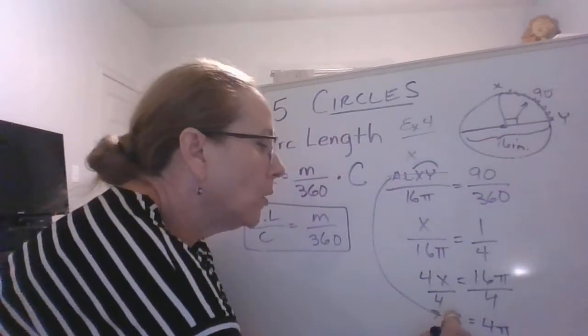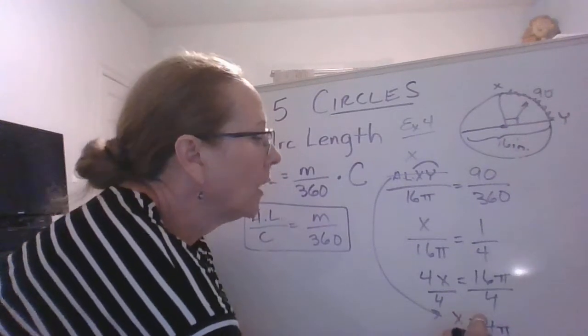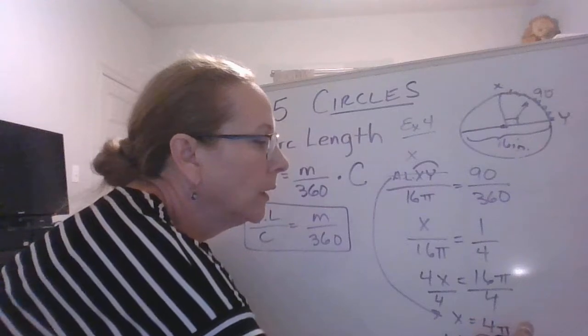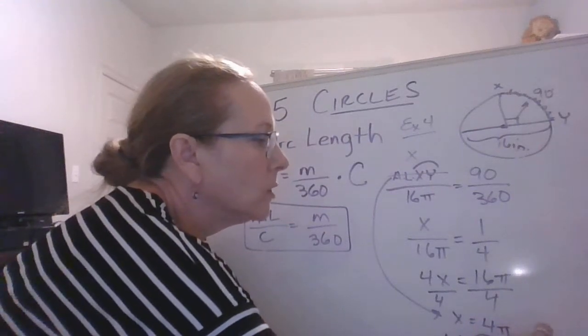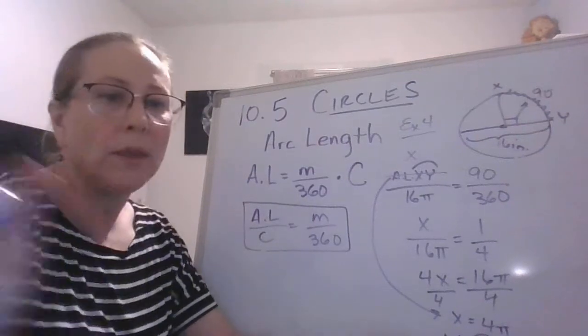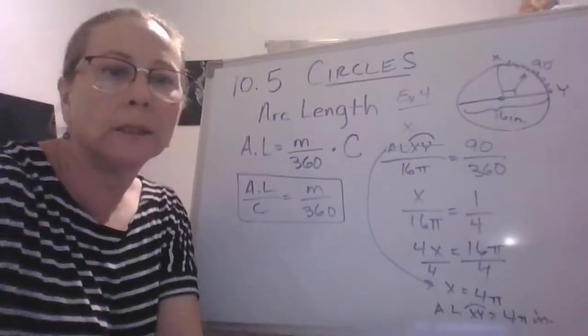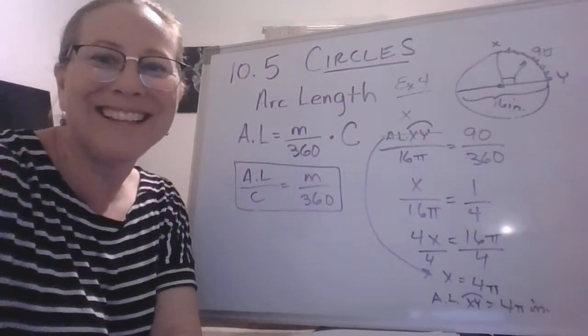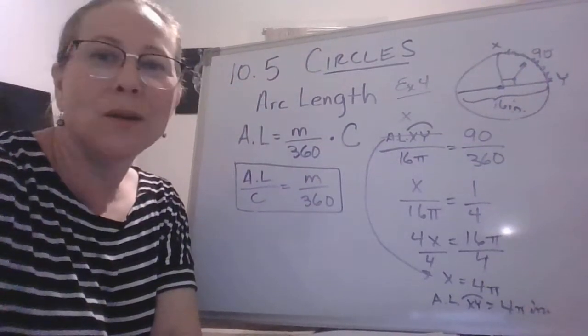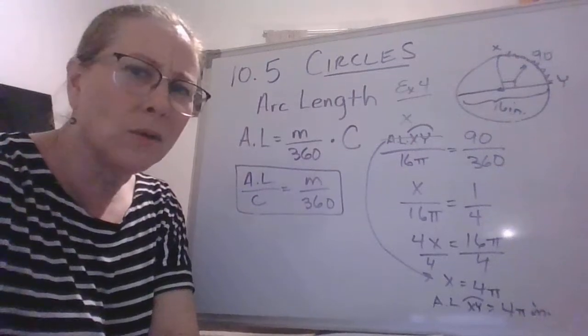So this is the arc length of XY, 4 pi inches. Sorry, I think it fell off the screen a little bit. We're used to that in class. It's nice to have something the same. All right, so now that we have that one, let's do another arc length problem.